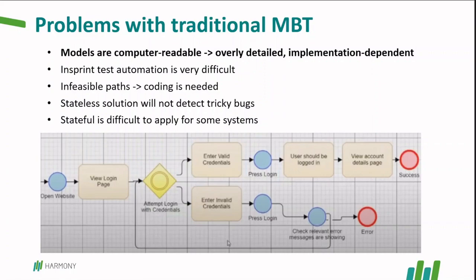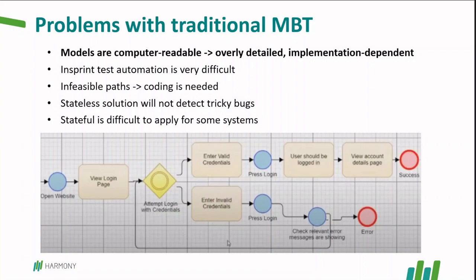The next problem is that the in-sprint test automation is very difficult because the method is implementation dependent, and you can do it when the application is ready. You can do it before, but I tried it and unfortunately I should rework almost the whole thing again.